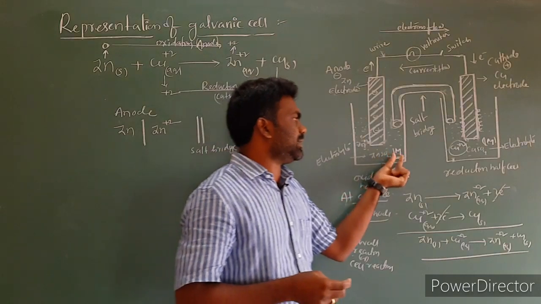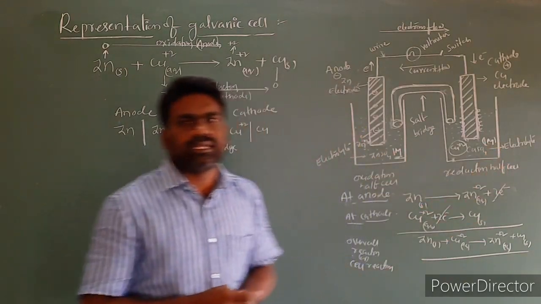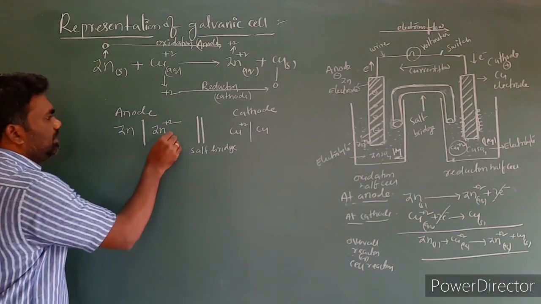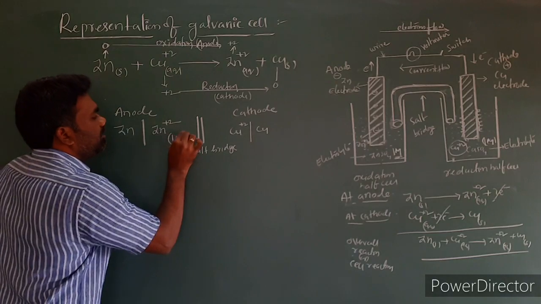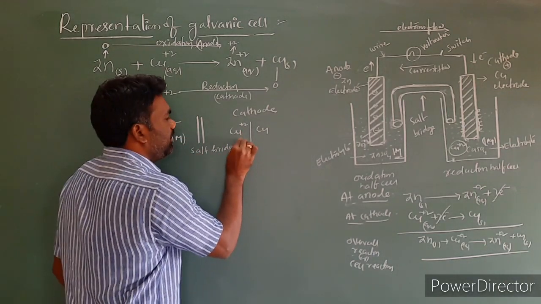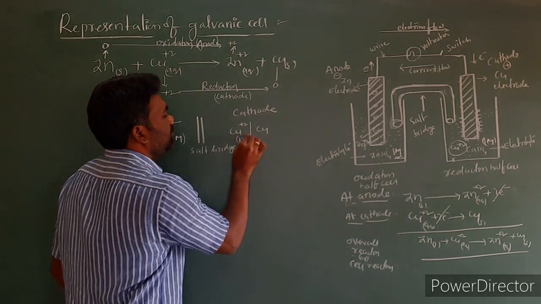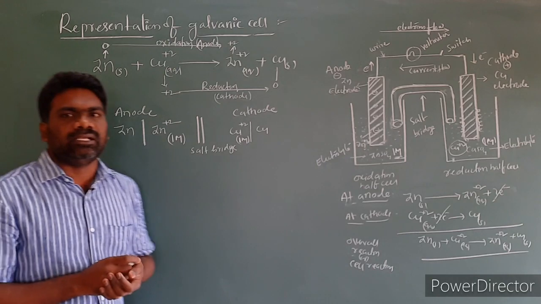For understanding purposes, I am taking 1 molar. We write the concentration of the solution in a bracket after the formula of the ion, in the aqueous form. This is a representation of a galvanic cell.